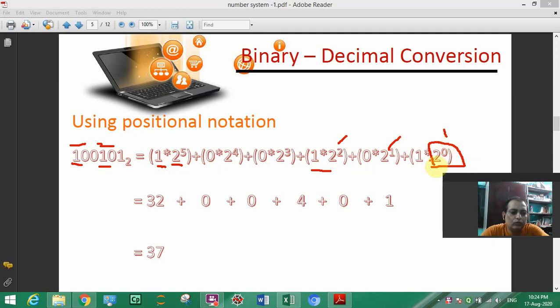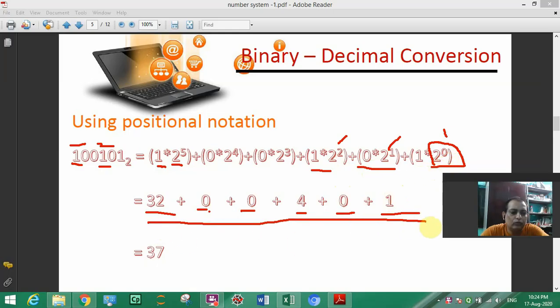So 1. Now you can see here this is 32, and 0 into anything is 0, 0 into anything is 0, 1 into 2 to the power 2 is 4 into 1, 4, 0 into anything is 0, and 1 into 2 to the power 0 means 1 into 1, which is 1.